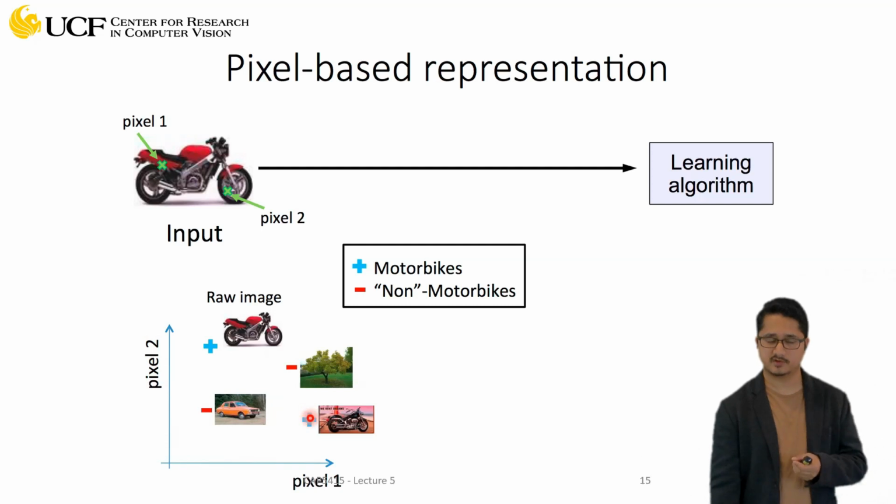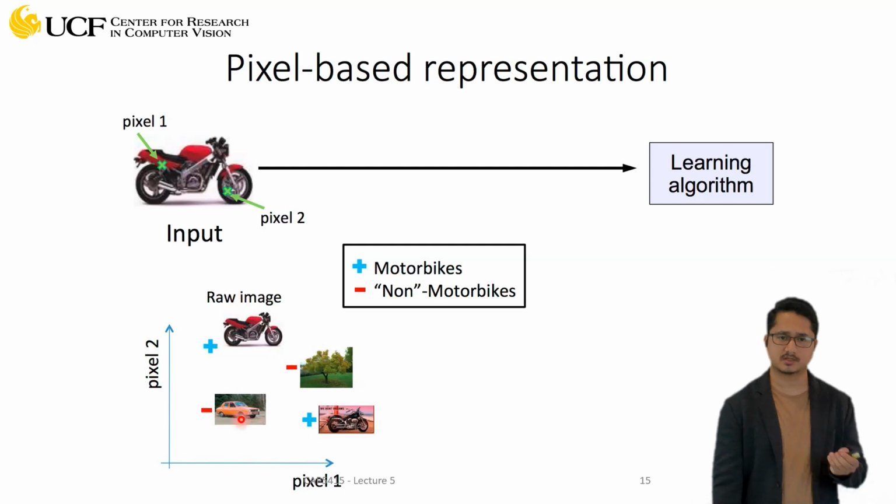So this will be your first pixel, depending upon the intensity of this pixel. And this is another pixel coming from your image. So these two are motorcycles. And these are some other images, which are negative images. These are not motorcycles. And for the same set of pixels, the values of pixel intensity fall at this point for this image and at this point for this image.